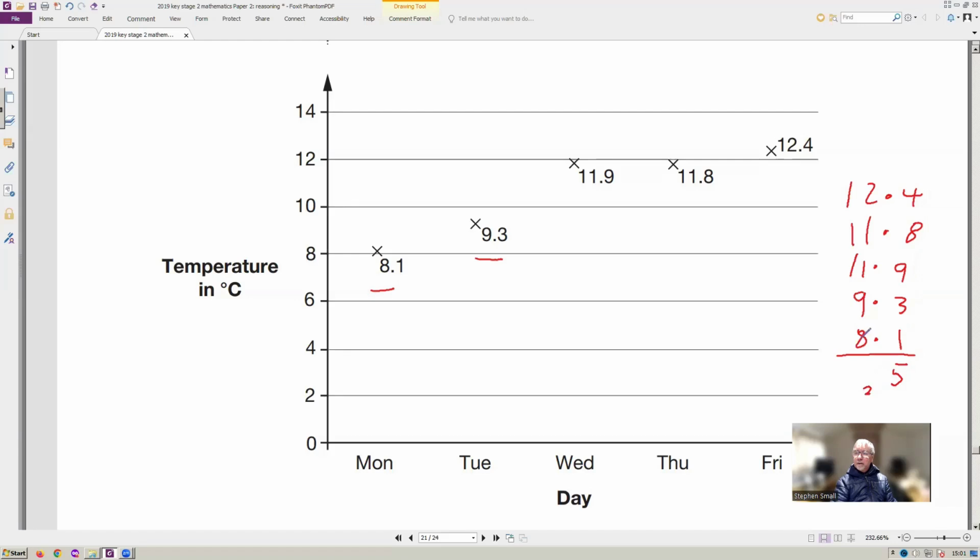Carry the 2 there. 2 and 8 is 10, 9 is 19, 11 is 30, and another 11 is 41, and this one is 53. Is that right? Yes, 53.5, and then we take that 53.5 and we divide it by 5. 5 into 5 once, and we're going to go straight to this 35 here. 5's into 35, 7. 10.7.